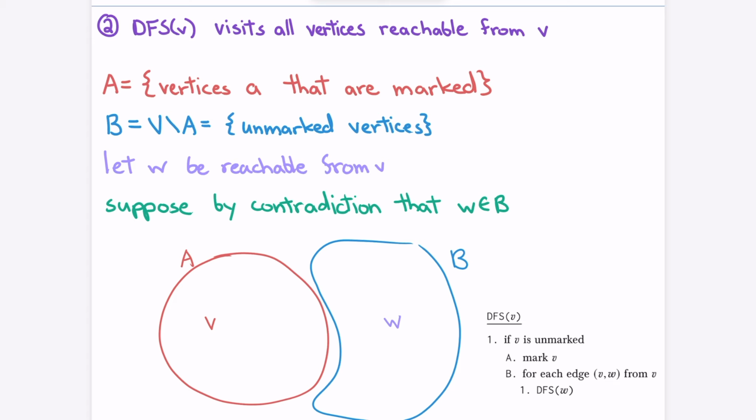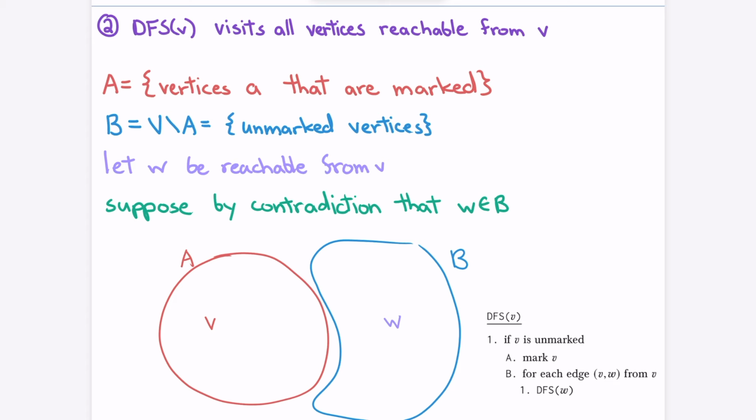Let's say I'm starting from V, and there's some other vertex W, and I'm promised that V can reach W. But suppose by contradiction I don't visit W in the algorithm. There's something wrong with the algorithm.